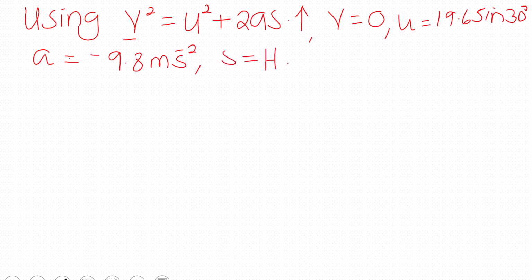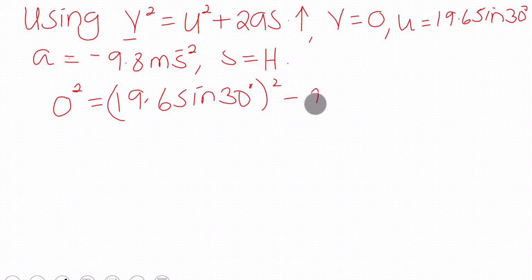So when we substitute this information in here, we're going to have 0 squared equal to u squared, which is 19.6 sine of 30 degrees squared, then minus 2 times 9.8, which is the acceleration, times the h, which is the height we are looking for.